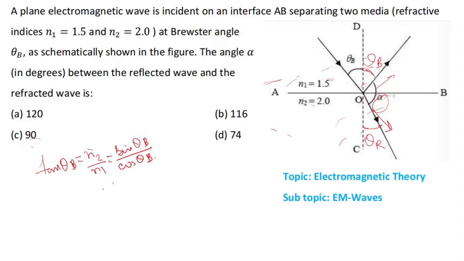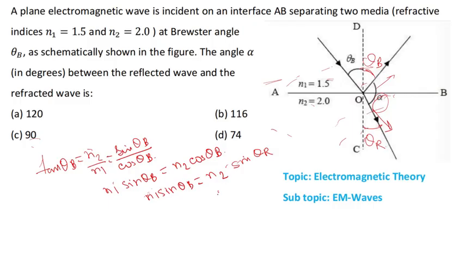From here we can write n1 sin theta b equal to n2 cos theta b. We can also write n1 sin theta b equal to n2 sin theta r from Snell's law.